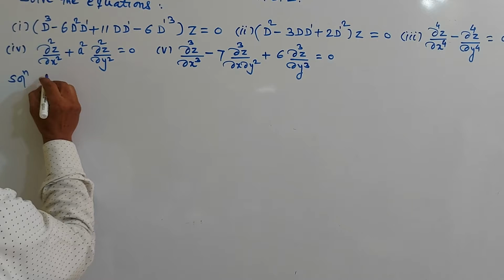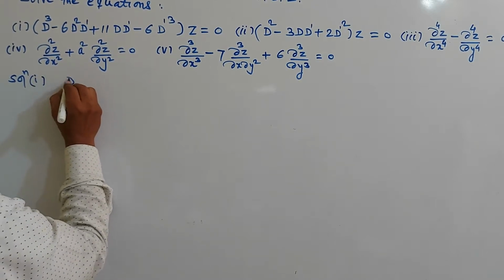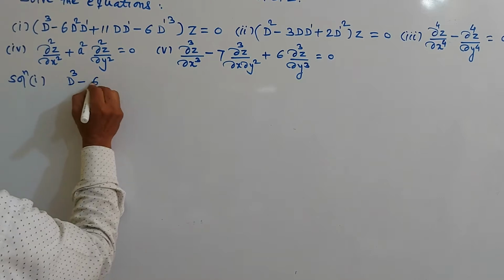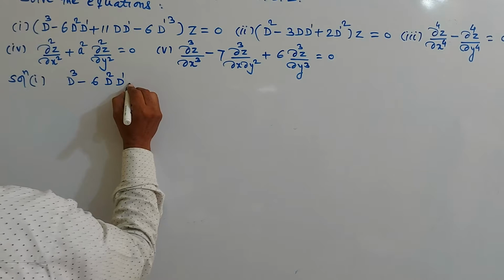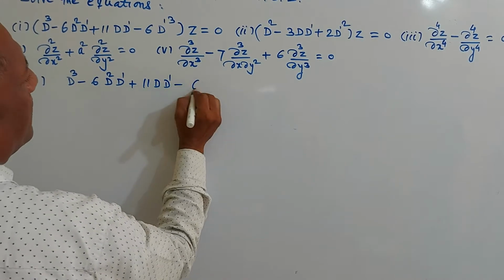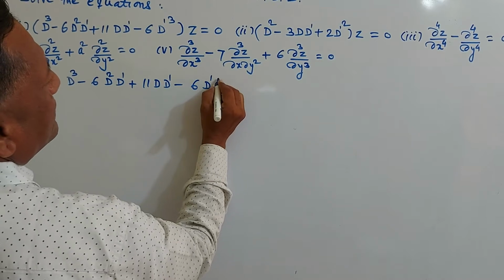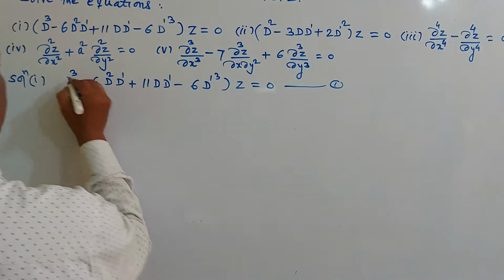What is the given equation first? Solution of first: D cube minus 6D square D' plus 11D D' square minus 6D' cube operated on z is equal to 0.